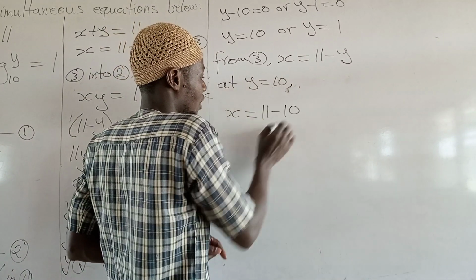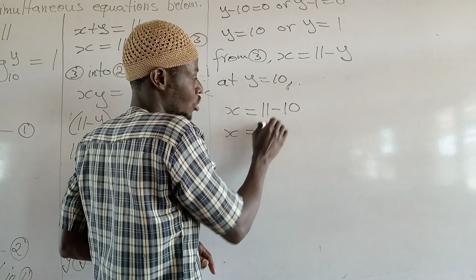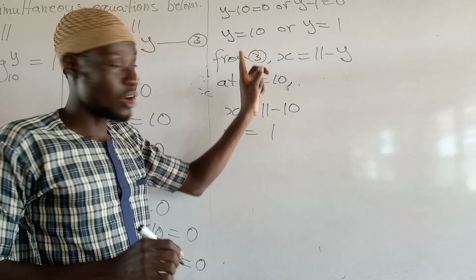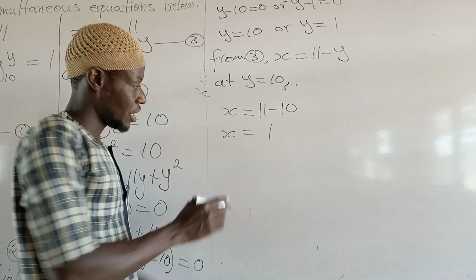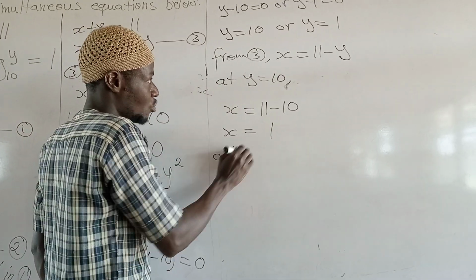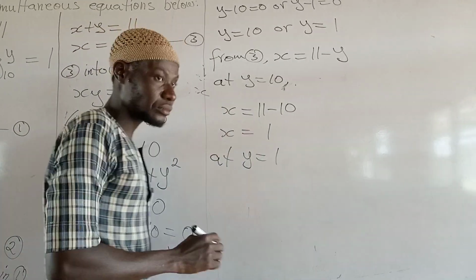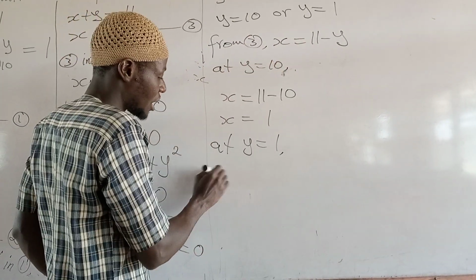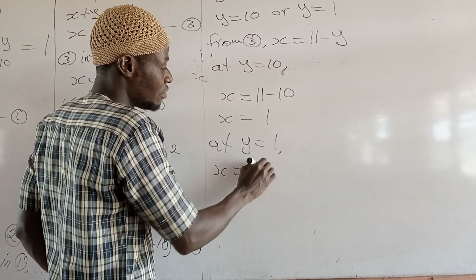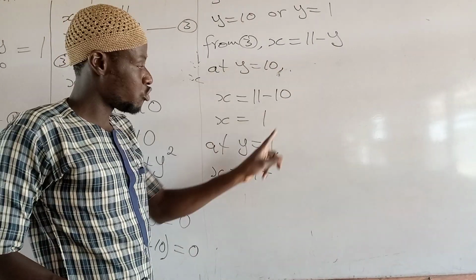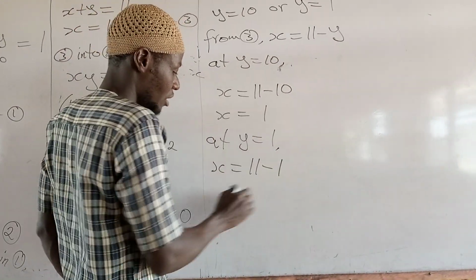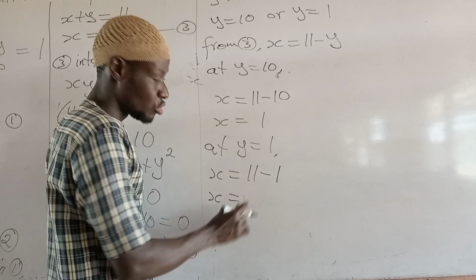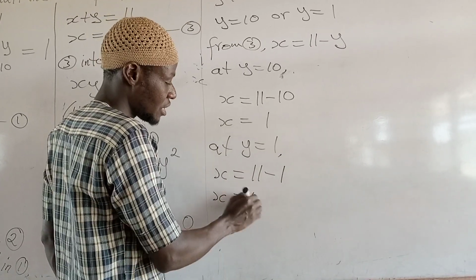So our x will be equal to 1. If y is 10, x will be 1. Then the other side, y is equal to 1, using the same equation 3. Our x will be equal to 11 minus, where you see y, put the 1 there. So our x will be equal to 11 minus 1, which is 10.